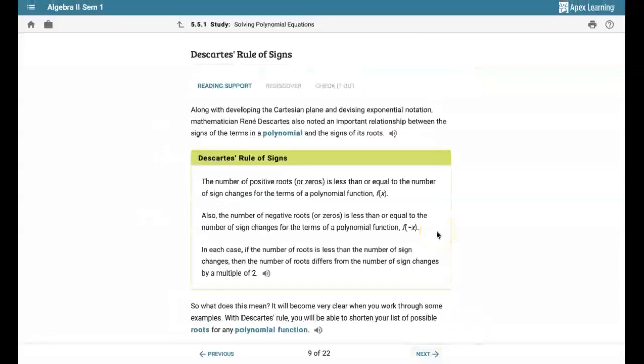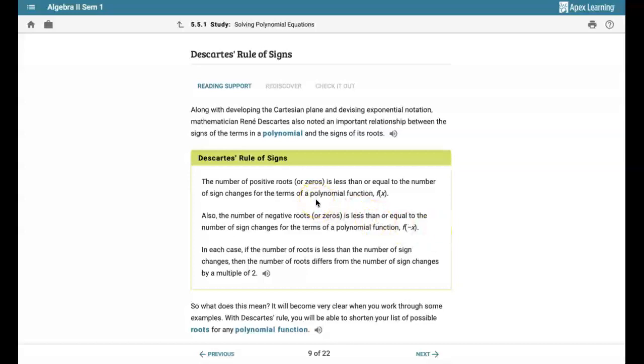Moving forward with Descartes' rule of signs. When we're looking at our rational roots, our whole number integers, we can have either positive or negative real roots.